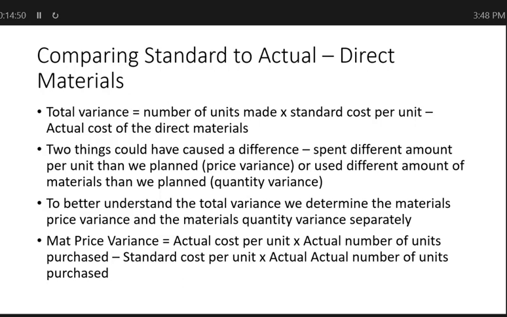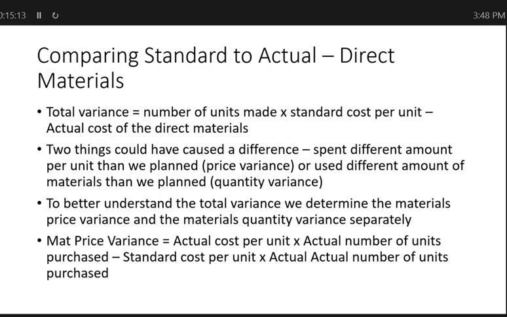So that's what we actually paid. You should have a bill for that, or at least a series of bills, of what you bought during the month or accounting period in terms of the actual price you paid. Then we're going to take that number and subtract the standard cost per unit.